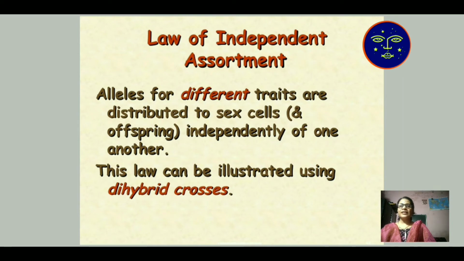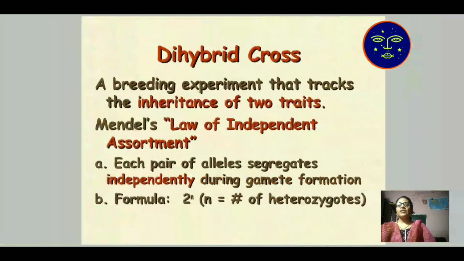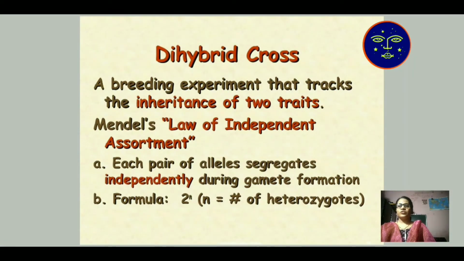This means all the alleles are expressed independently of each other. He says the second law is known as independent assortment. Then we start the dihybrid cross. What is the dihybrid cross?